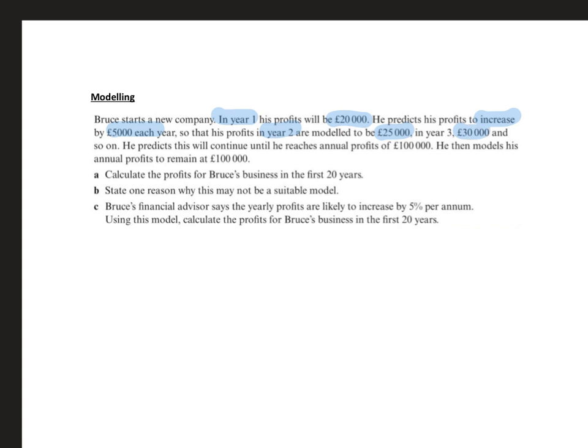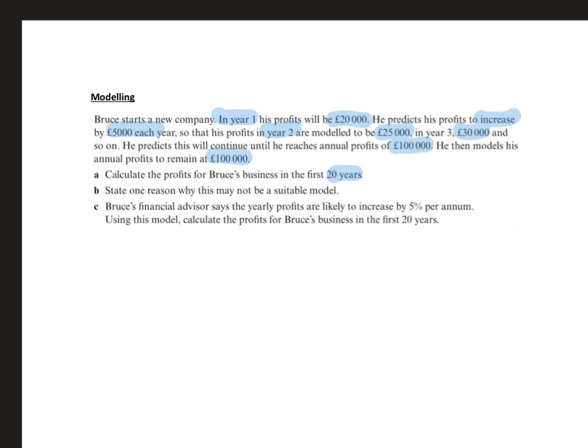He predicts this will continue until he reaches annual profit of 100,000. He then models his annual profit to remain at £100,000. Calculate the profit for Bruce's business in the first 20 years.